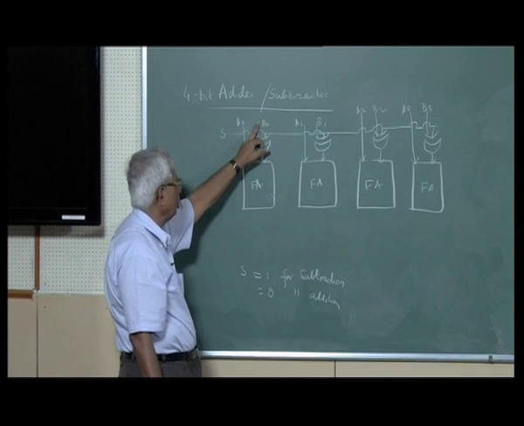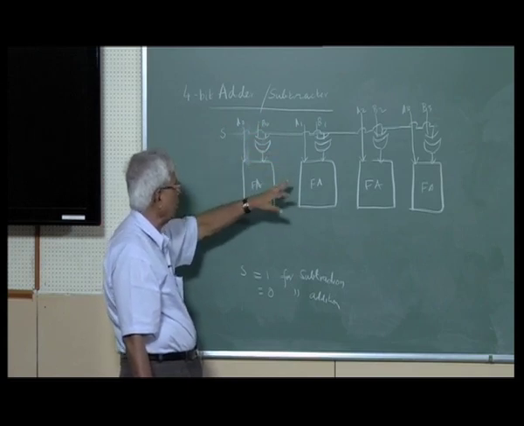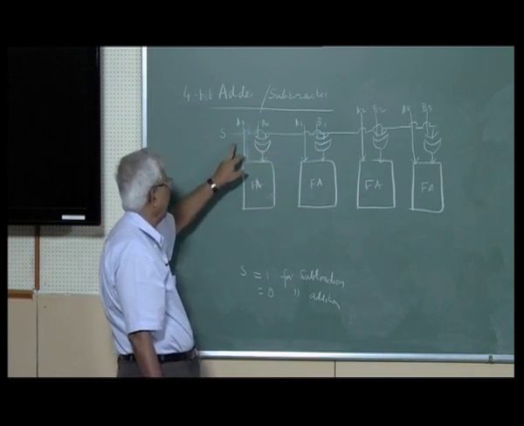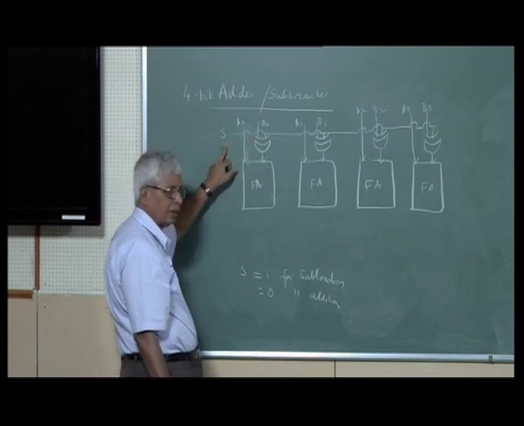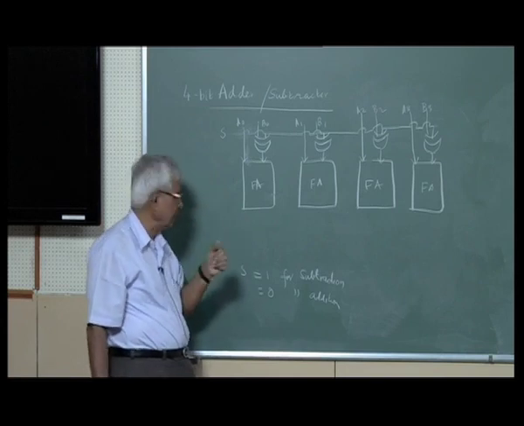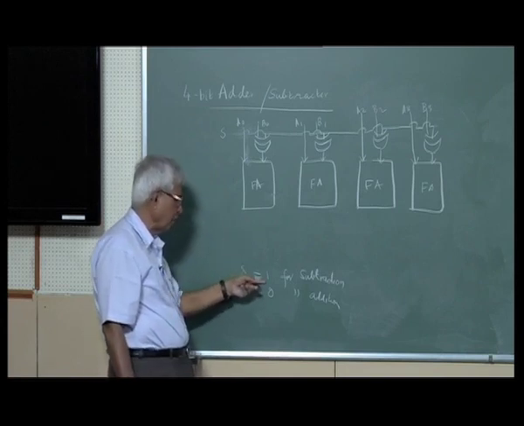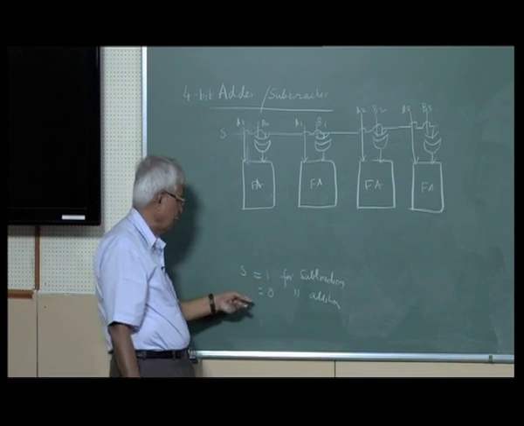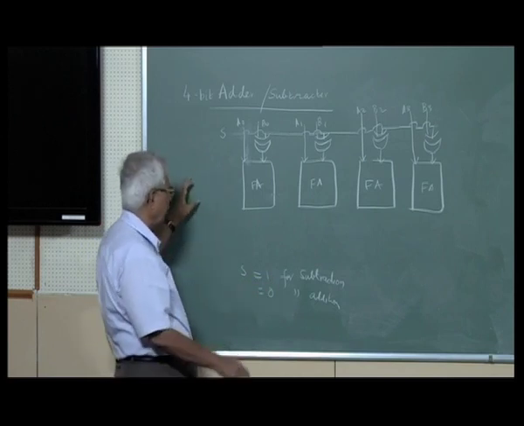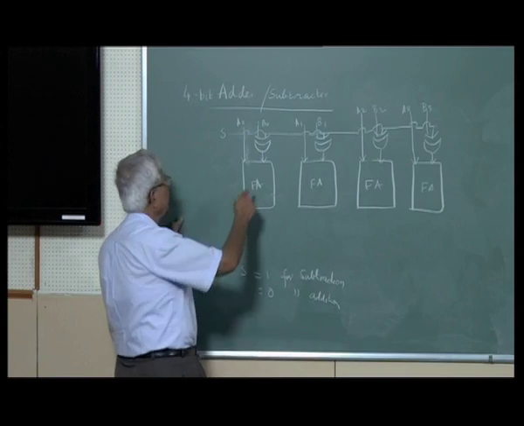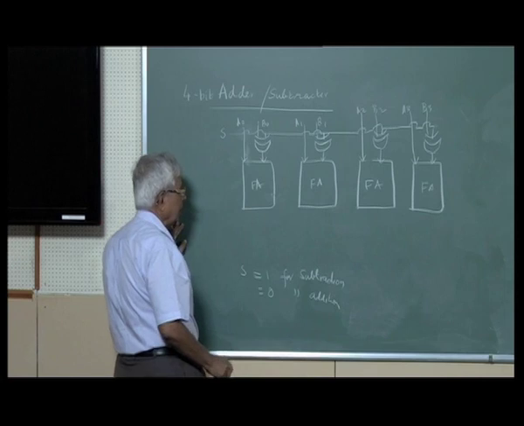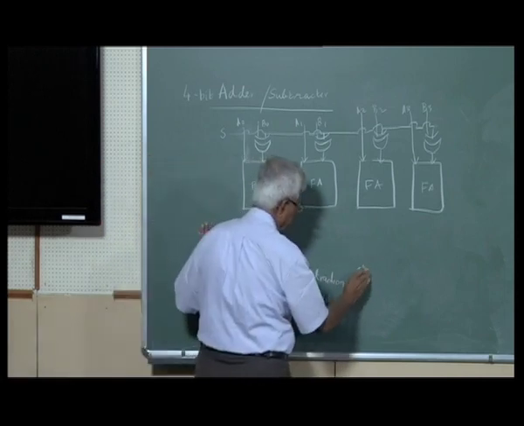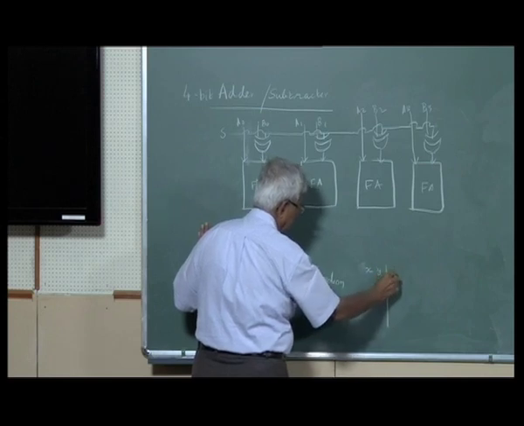B0, B1, B2, B3 go to the full adder with one input of the exclusive OR connected to that and the second input of the exclusive OR connected to S, a signal. That S is an input which is 1 for subtraction and 0 for addition. So if it is 0, whatever appears here will go directly. What is the exclusive OR truth table? X, Y, F.